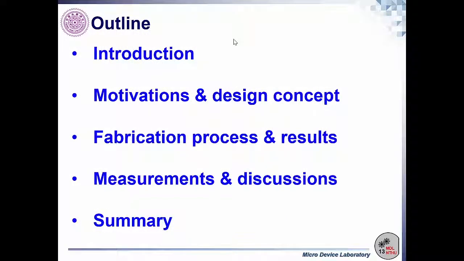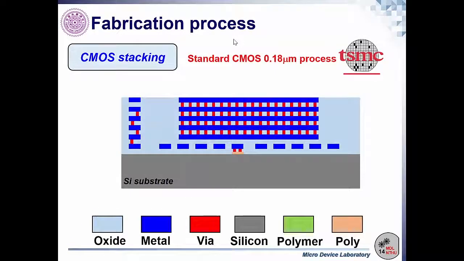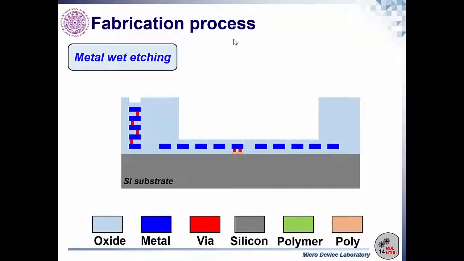Let's get into the fabrication process and the results of the device. This is the multi-layer stacking by the TSMC 0.18 one-poly six-metal standard CMOS process. In the first step, we use metal wet etching, using sulfuric acid and hydrogen peroxide. The bonding pad and the sensing coil are protected by the upper dielectric film.